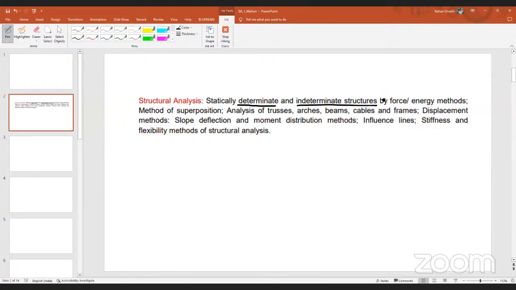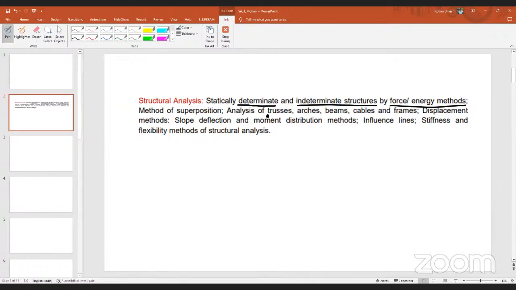From the name itself we can get a sense of the meaning. Indeterminate doesn't mean that the solution will remain indeterminate at the end; definitely they are going to be determinate, but we will see what the difference is between these two. They also say we have to use either force methods or energy methods. You might have gone through them in your courses, or we will again discuss all these things in detail.